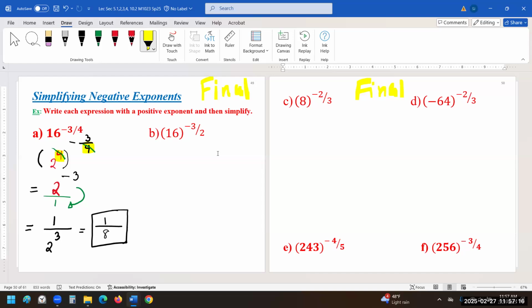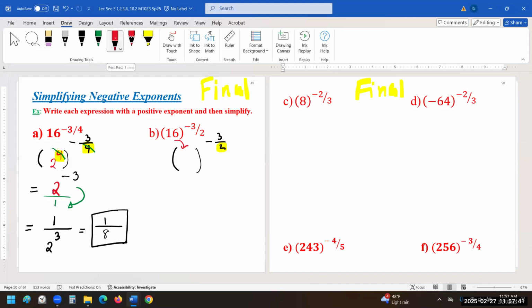So we keep our power negative 3/2, but we rewrite the inside. Based on the denominator, we see how many times we are looking for the number. So the denominator is 2, so you're looking for something squared.